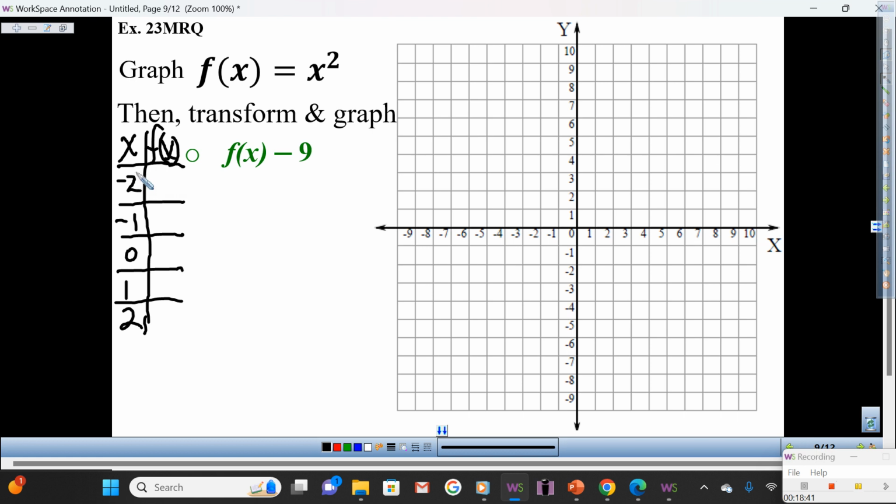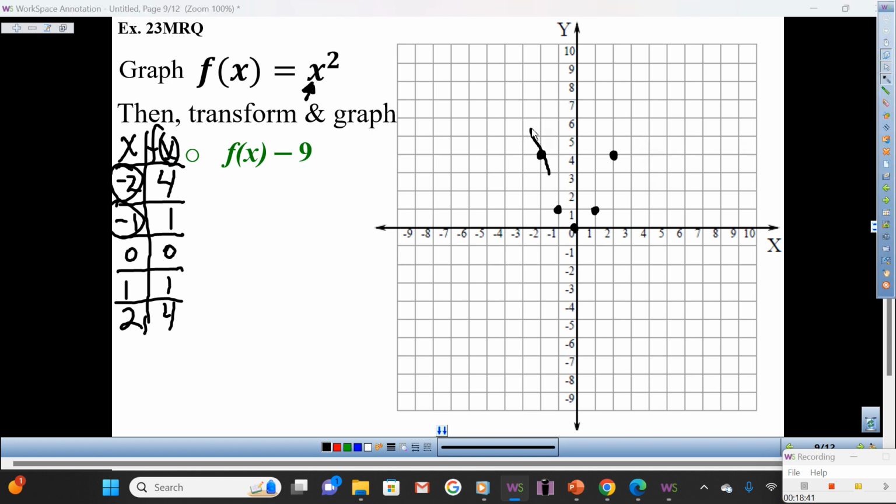So what's the first value that we're going to use? -2 in here. So what is -2 squared, everyone? -2 times -2 is 4. Next one, -1 squared is 1. 0 squared, 0. 1 and 4. Let's plot those. -2, 4. -1, 1. 0, 0. 1, 1. 2, 4. And then from left to right. Whoa, that was crooked.